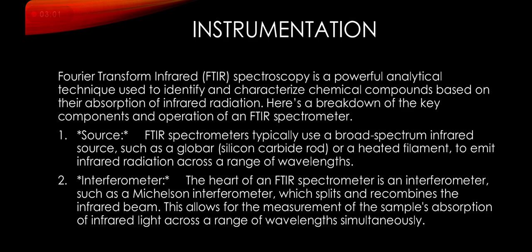First of all, there is a source. FTIR spectrometers typically use a broad spectrum infrared source such as a globar silicon carbide rod or heated filament to emit infrared radiation across a range of wavelengths.